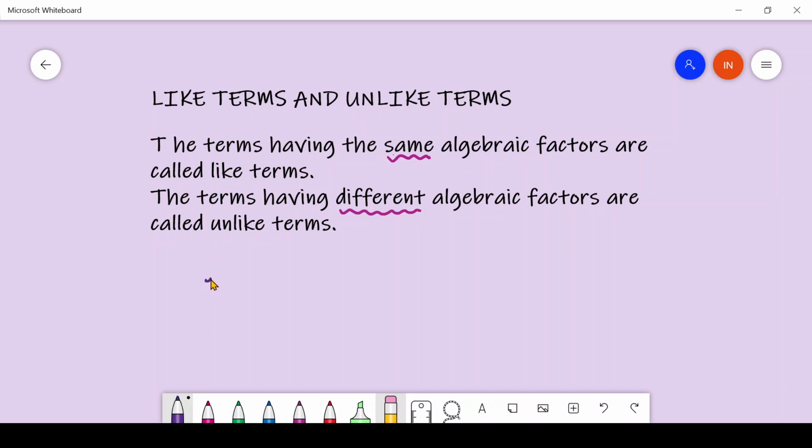Let us move with an example that makes it clear. 2xy plus 5x square minus 2yx plus 17xy. So algebraic factors should be the same for like terms, right? So let us see here. We have the variables xy here, here also xy, and here also xy. So we can say that these 3 are like terms, right?